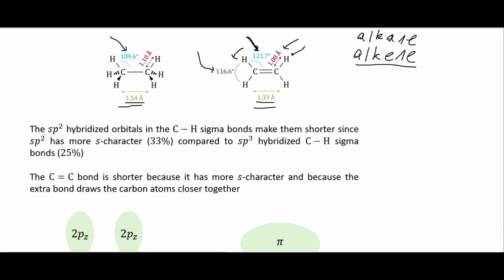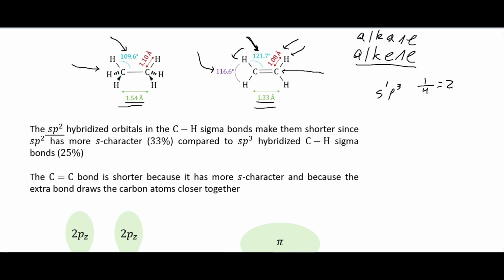And so we have sp2 hybridized orbitals. So remember, in the alkanes, they are all sp3 hybridized. Here, the carbon is sp2 hybridized. And so it has more s character. And what I mean by that is, if we look at the p here, when we have sp3, we can put a 1 here. And so then the s character of that is 1 divided by the sum of these two numbers, so 4.